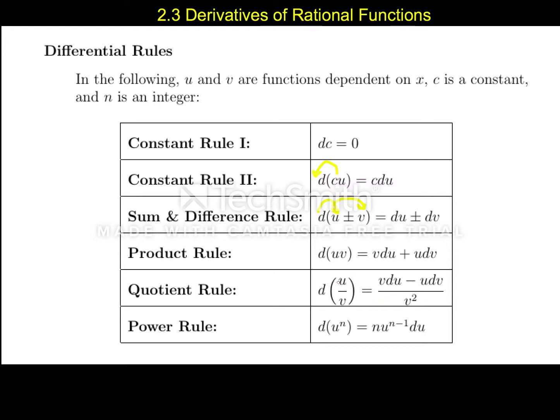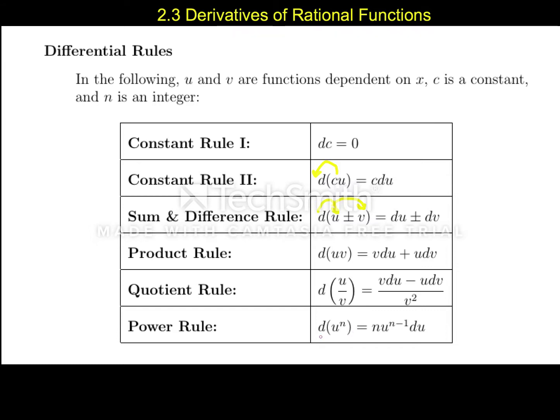Sometimes people think of the top as high and the bottom as low, so a mnemonic for this is it's low d high minus high d low all over low squared. Some people use that as a mnemonic.